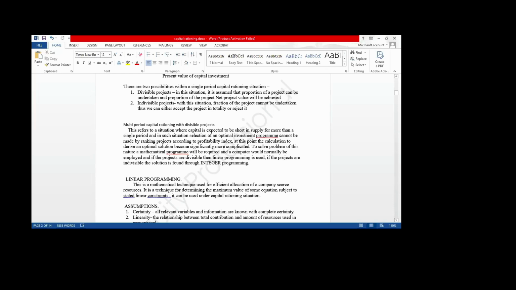To address the problem of multi-period capital rationing, we are going to use linear programming.